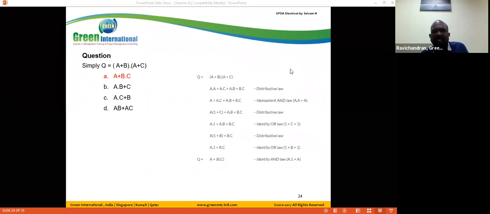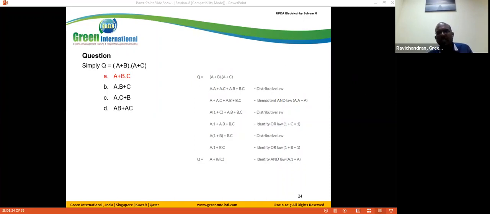Okay, now see the question. Simplify Q is equal to (A plus B) dot (A plus C). What is the answer? Just see the slide, and here I give some explanation. That's why I say that simplifying equations will definitely be asked in the exam.